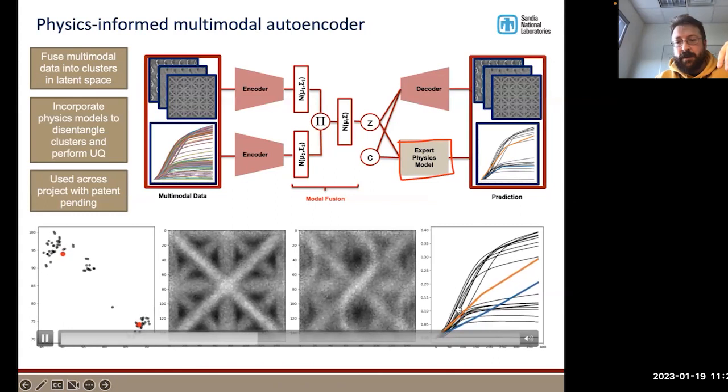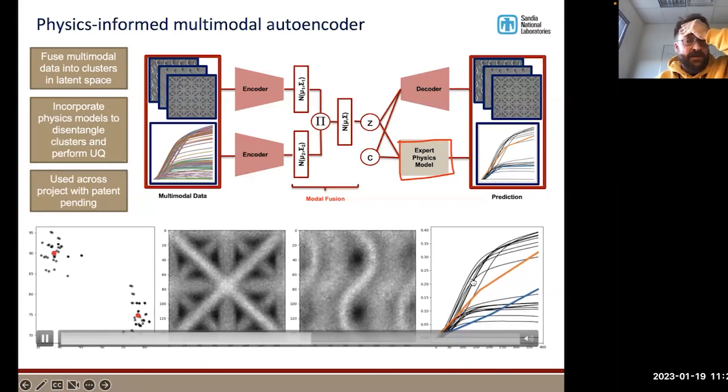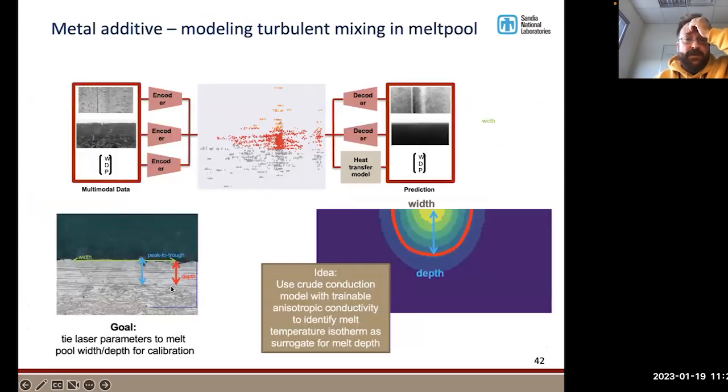But you can see a physical model here, in this case for solid mechanics, helps it figure out what the two different populations are. And then that helps it sort out what the images of these two different subpopulations look like.